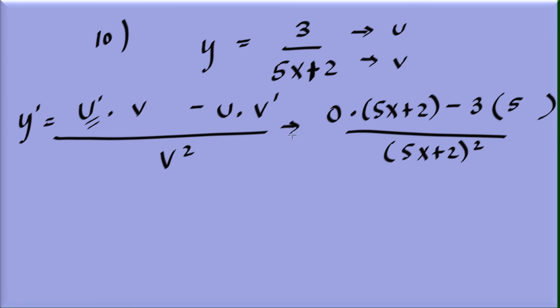All we need right now is to simplify the top, so this is just going to be 0. So we have negative 15 over 5x plus 2 squared.